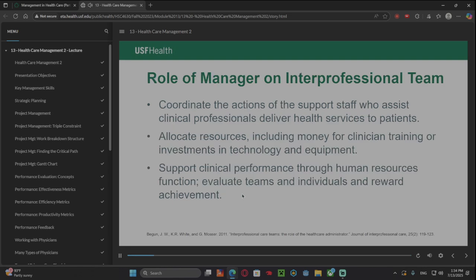Managers have a role on the interprofessional team. Managers coordinate the actions of support staff who assist clinical professionals in delivering healthcare services to patients. We allocate resources, including money for clinician training or investments in technology and equipment. We support clinical performance through human resources function, we evaluate teams and individuals, and we reward achievement.